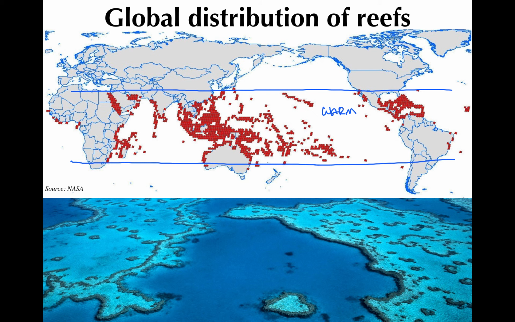Reefs also occur only in shallow water, and in some cases the water is shallow simply because the reef has grown from deep water up to sea level.